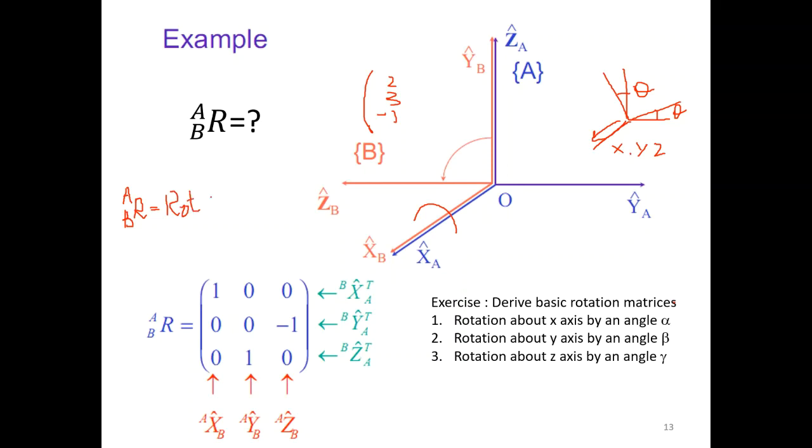Then within brackets, you can say around the x-axis, 90 degrees, like that. So this is the rotation matrix for a rotation around the x-axis by 90 degrees. Or else you can say Rx within brackets 90. Okay, something like that.